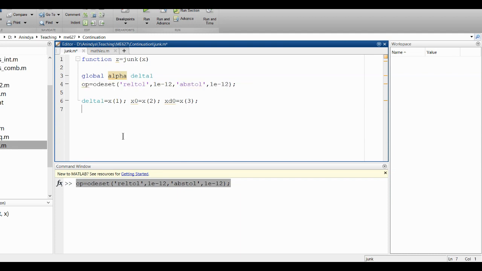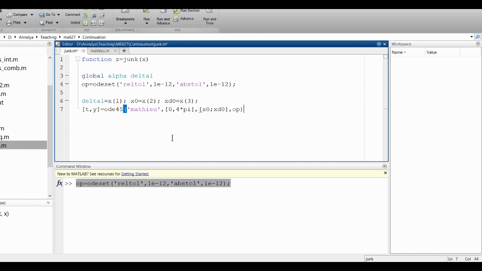There is no problem. And then we will say ty equals ODE45 Mathieu 0 4 times pi, what initial condition? x naught, xd naught.